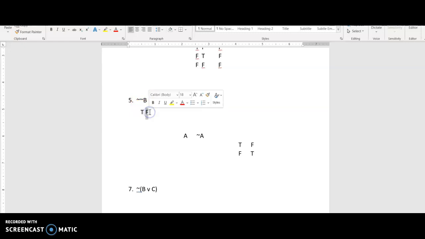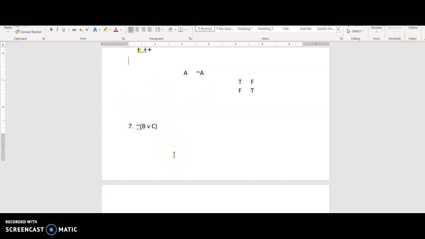It turns a true sentence false, and a false sentence true. So now we have the negation of a true sentence, which is now going to turn that back to false. So this is the main operator, the first negation to the left. And so that whole sentence comes out false.